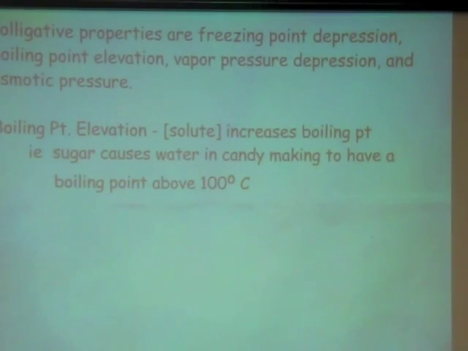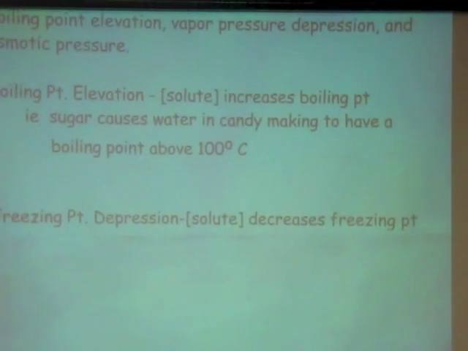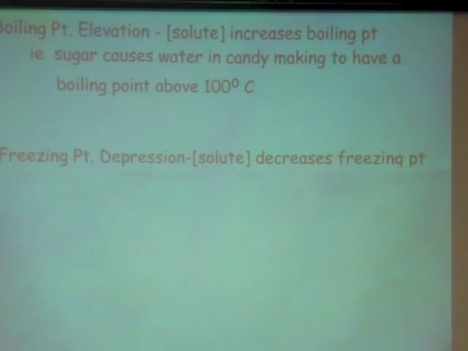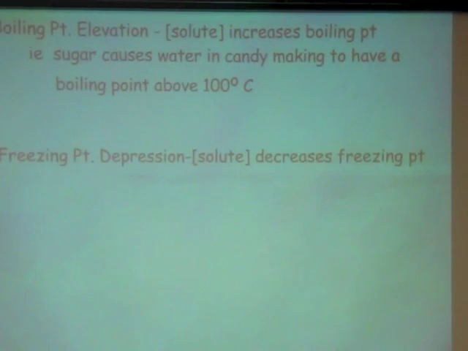Okay, so what about freezing point depression? Well, a solute added to a solvent will decrease the freezing point. And there are numerous examples of this. For instance, the ocean water does not freeze at 32 degrees Fahrenheit.